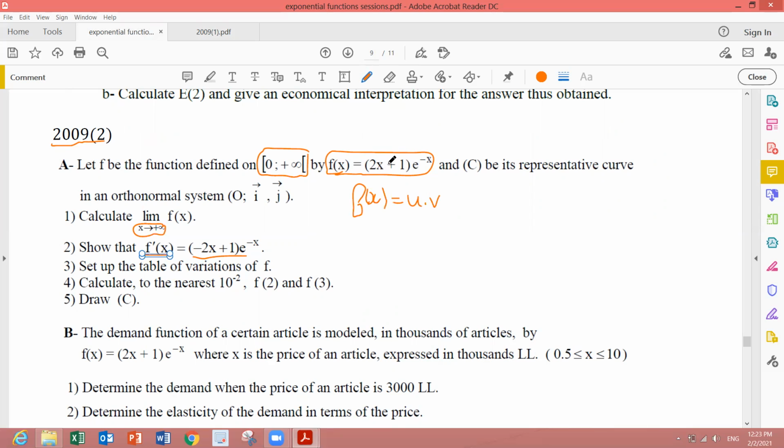Then f prime of x equals u prime v plus v prime u, where v prime equals minus e to the minus x.